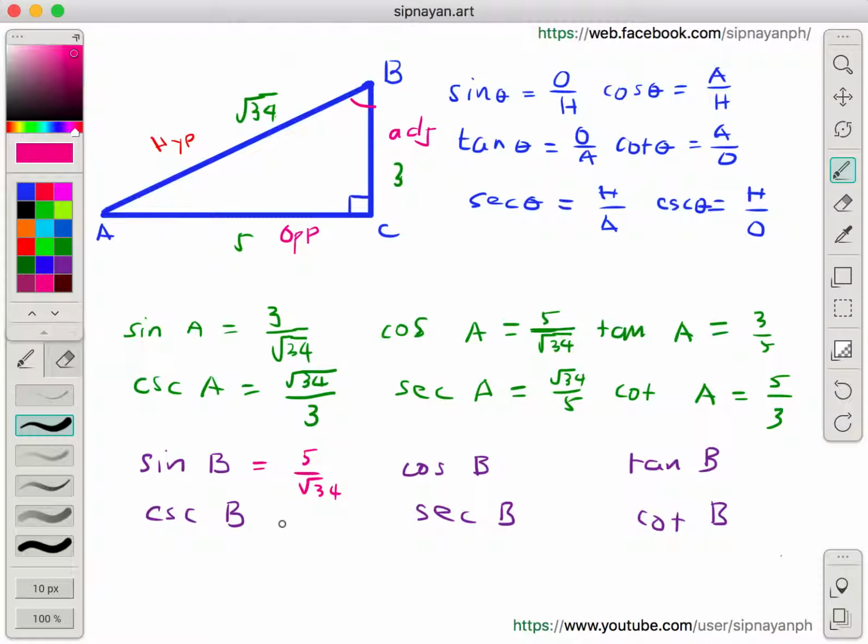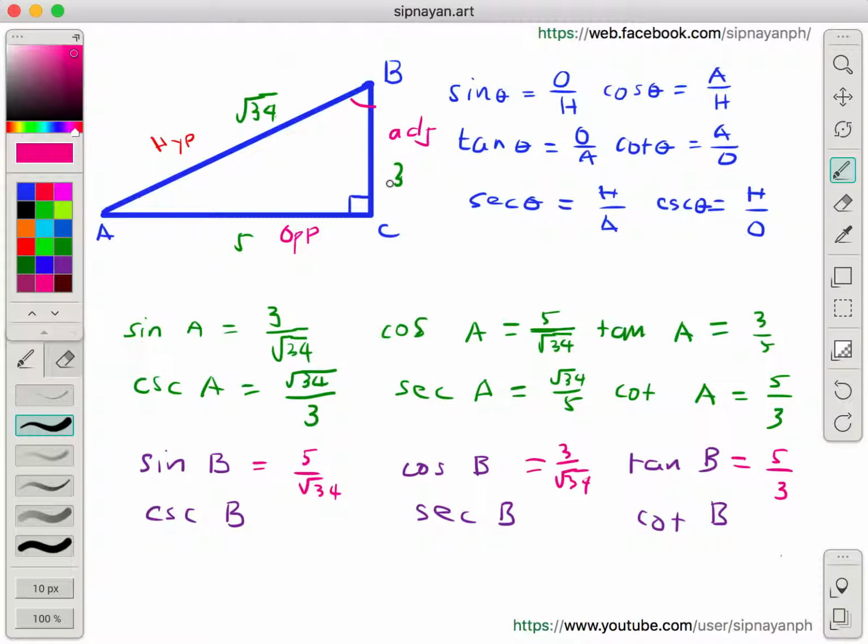Also, cosine B is adjacent over hypotenuse. So, the adjacent, which is 3 over the hypotenuse. And tangent is equal to the length of the opposite side over the length of the adjacent side. Opposite is 5, adjacent is 3. Tama ba?